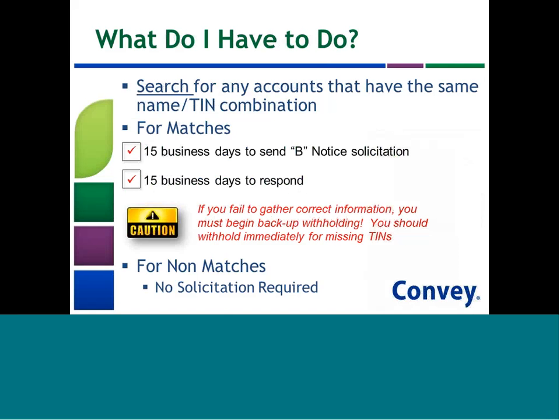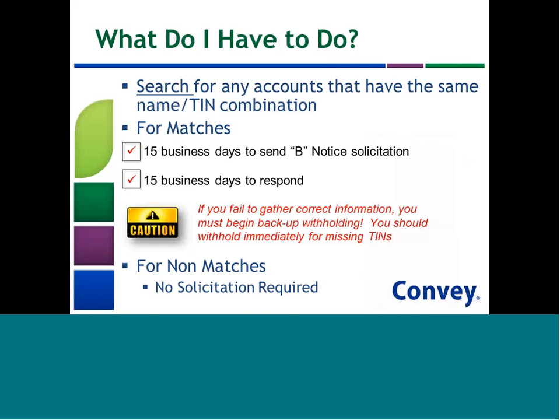For those that you identify as matches, you have 15 business days to send the B Notice solicitation. So that's business days. When we're talking about the IRS and the rules, they go by business days. And then you also have 15 business days for the response. If you fail to gather this information, you must begin backup withholding.